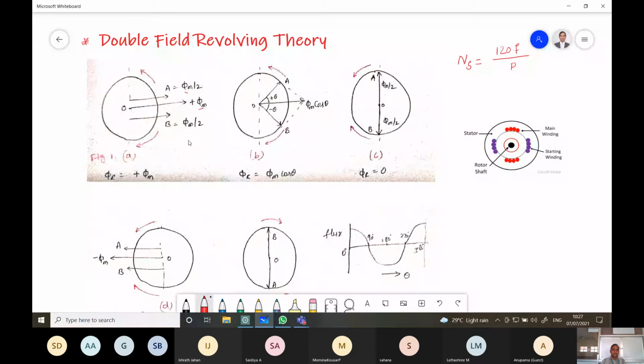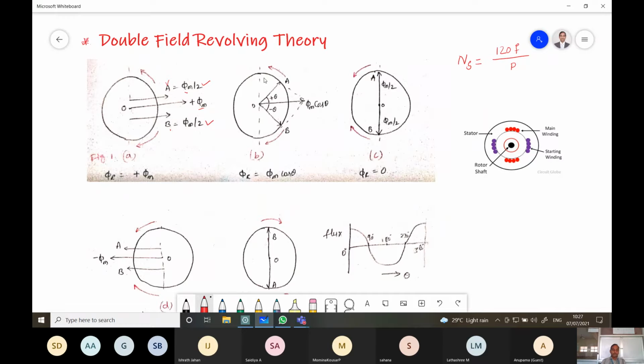This is the maximum value of flux phi m. Its component fluxes, that is flux A and flux B, will each be equal to phi m by 2 and phi m by 2. So they are revolving in opposite directions. A is in anti-clockwise and B is in clockwise direction respectively.